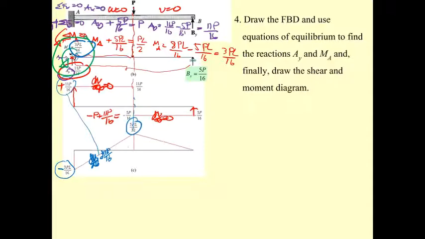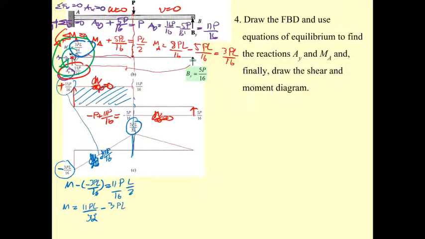How do you get this? M here minus 3PL over 16, moment here minus moment previously, is going to be equal to 11P over 16 times L over 2. So your M is going to be 11PL over 32 plus minus 3PL over 16.